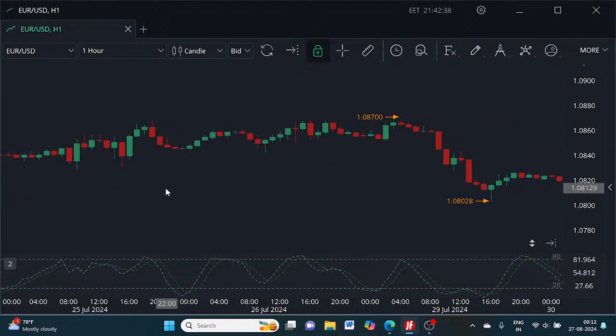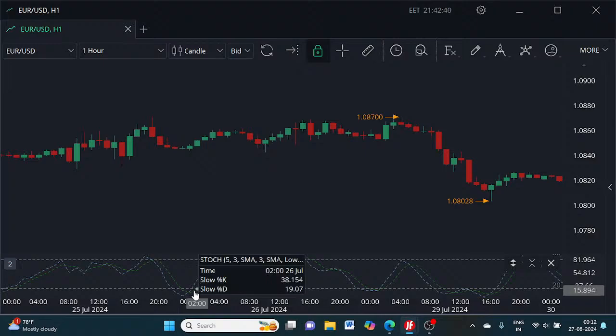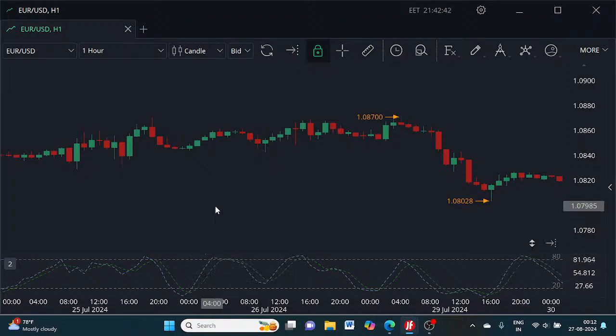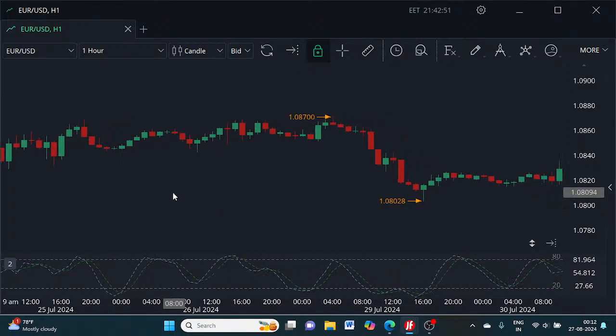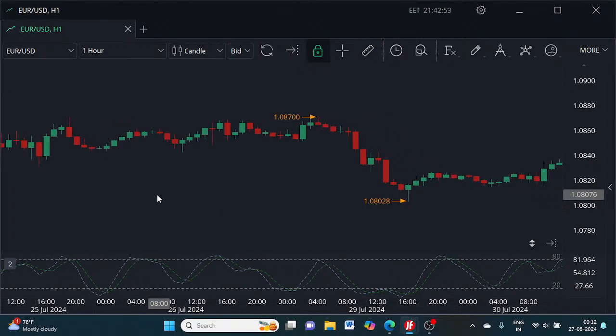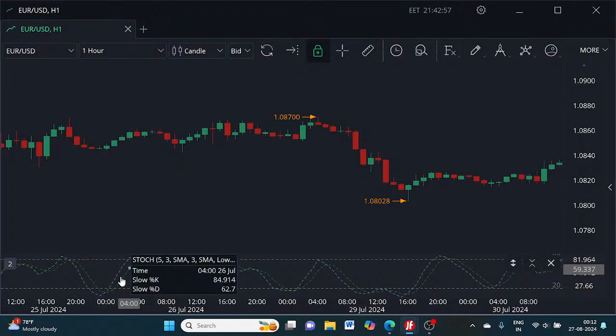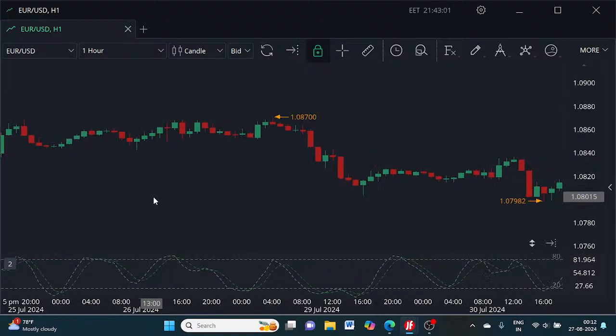Now I will take you to another problem with this, because what happens is that if the underlying instrument is trending in one direction, in quite a strong trend, then even after these crossovers happen in oversold and overbought territory, you won't really see any big move in your direction.